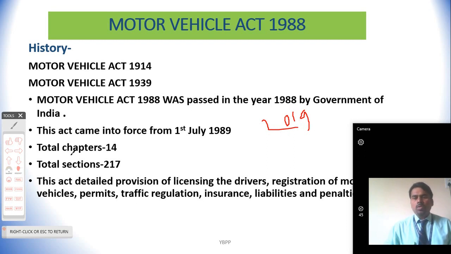Then in Motor Vehicle Act 1988 total chapters are 14, and these total 14 chapters are divided into 217 sections, and in these 217 sections the detailed provision of licensing of driver who is eligible to take the driving license, registration of motor vehicle, that is RC, then permits for public transport vehicle, traffic regulations, insurance, liabilities and penalties.